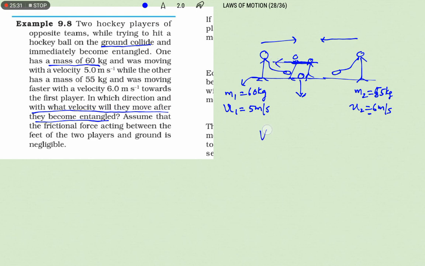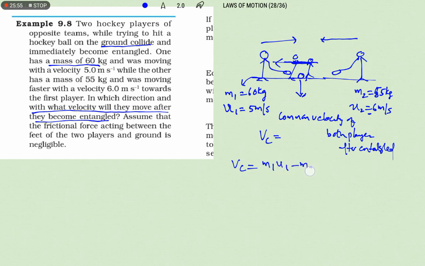So let us write the common velocity of both players after entangled. Vc is equal to (m1 u1 minus m2 u2) by (m1 plus m2).